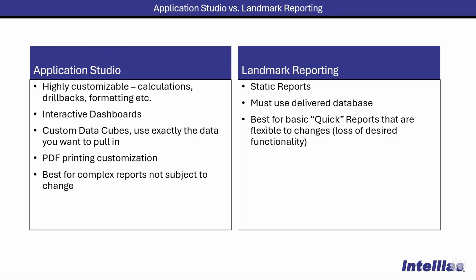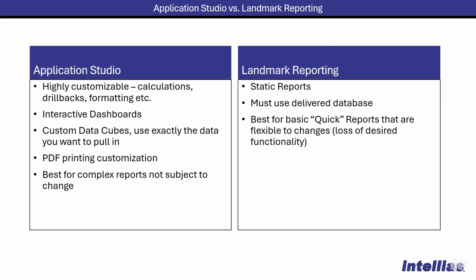Application Studio can also add interactive dashboards where you can click around to different reports very easily or have a generalized format for each of them where you can pick and choose. And very importantly, Application Studio uses data cubes that you can customize where you can pull in exactly the data that you want. Another advantage of App Studio is we can get that PDF output print just the way we need it. Landmark reporting does not allow for this.